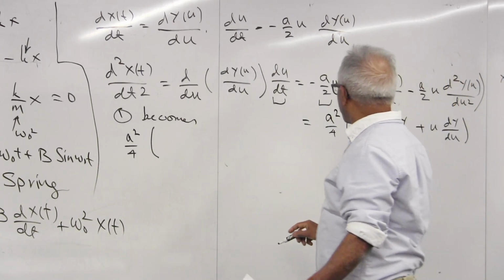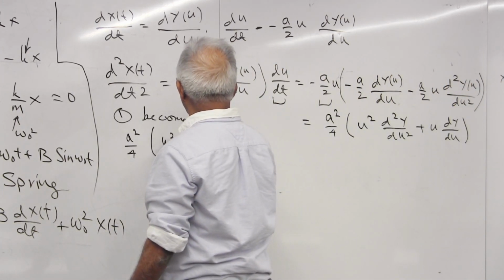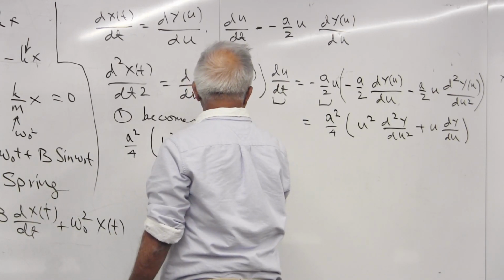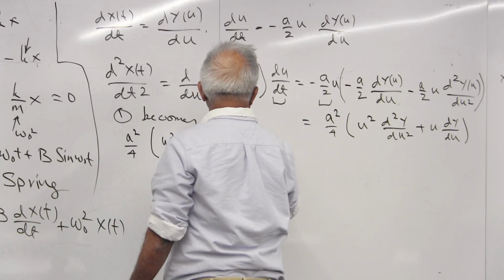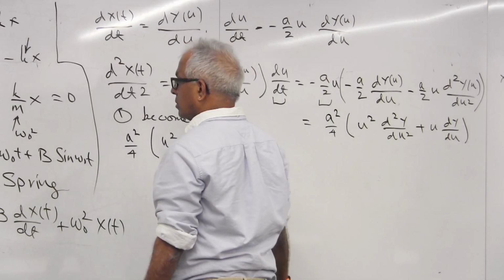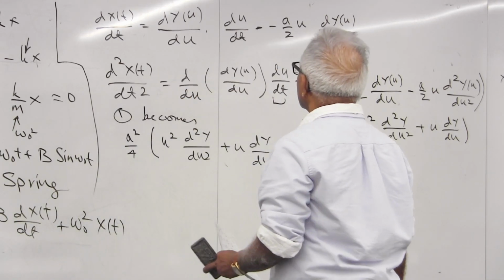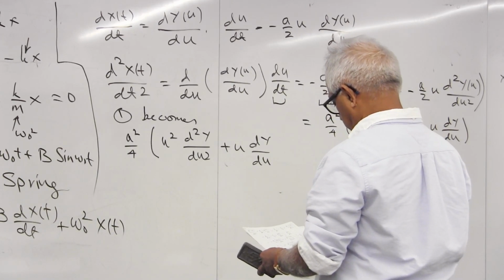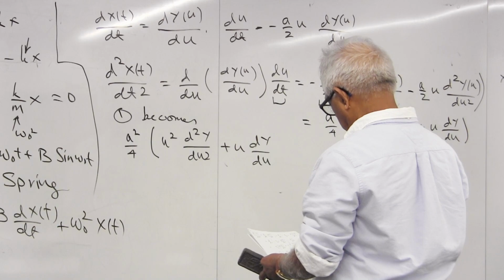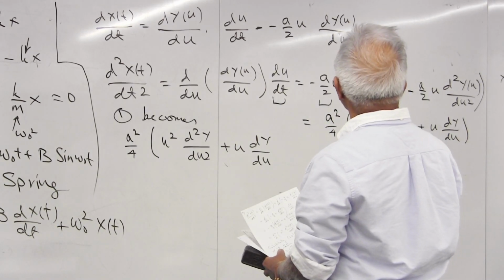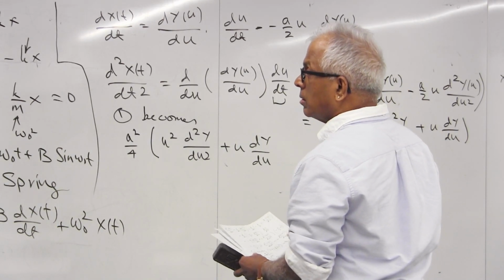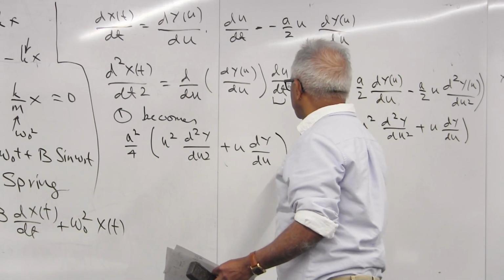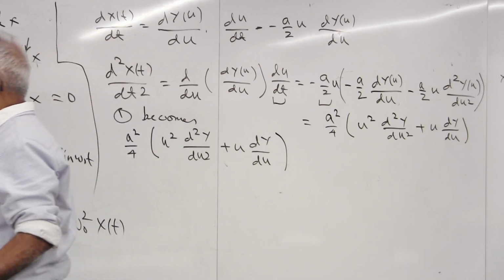All right, let me plug it here. So this becomes u squared d squared y by du squared plus u dy by du, and so that's the second derivative here, going back to this expression.